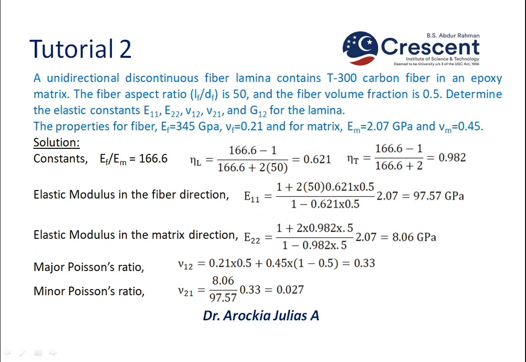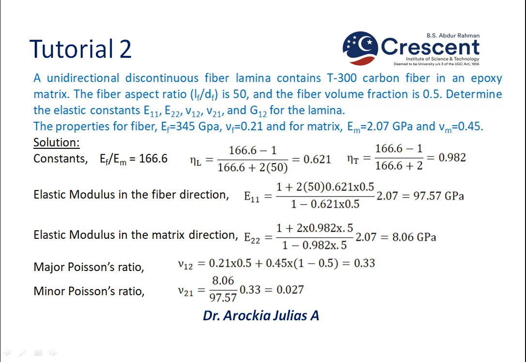Tutorial 2. A unidirectional discontinuous fiber lamina contains T300 carbon fiber in an epoxy matrix. The fiber aspect ratio LF by DF is 50 and the fiber volume fraction is 0.5. Determine the elastic constants E11, E22, nu12, nu21 and G12 for the lamina.